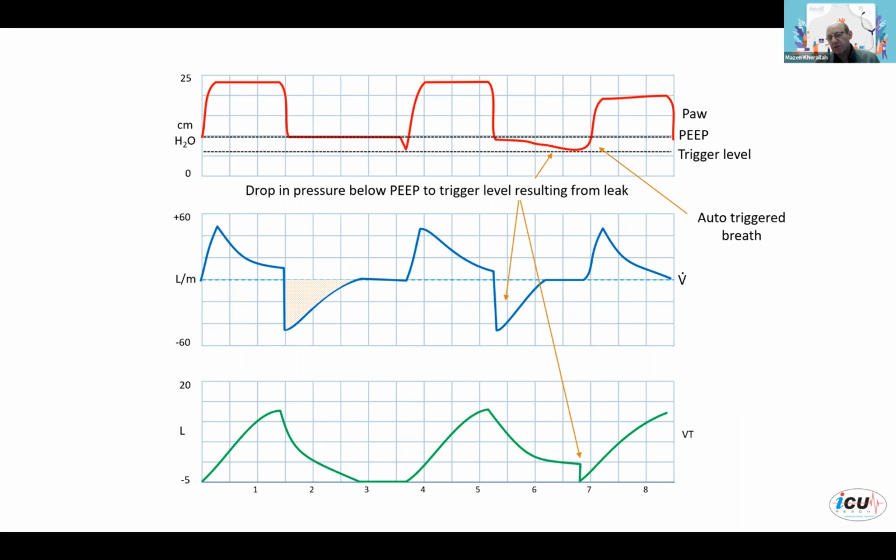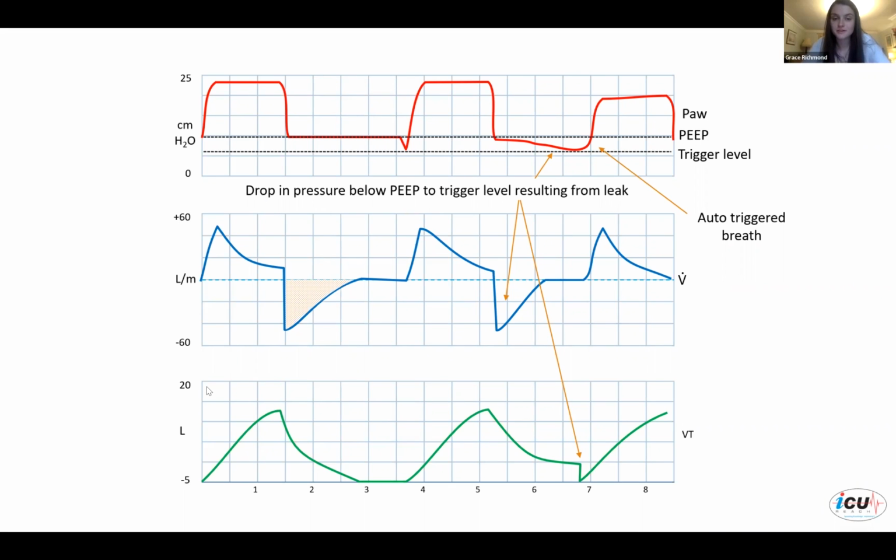And this has not been studied clearly, and it's very difficult to study. So it's better if you're able to ventilate with a tidal volume of 7 ml or less, including the volume that leaked, in ARDS patients.